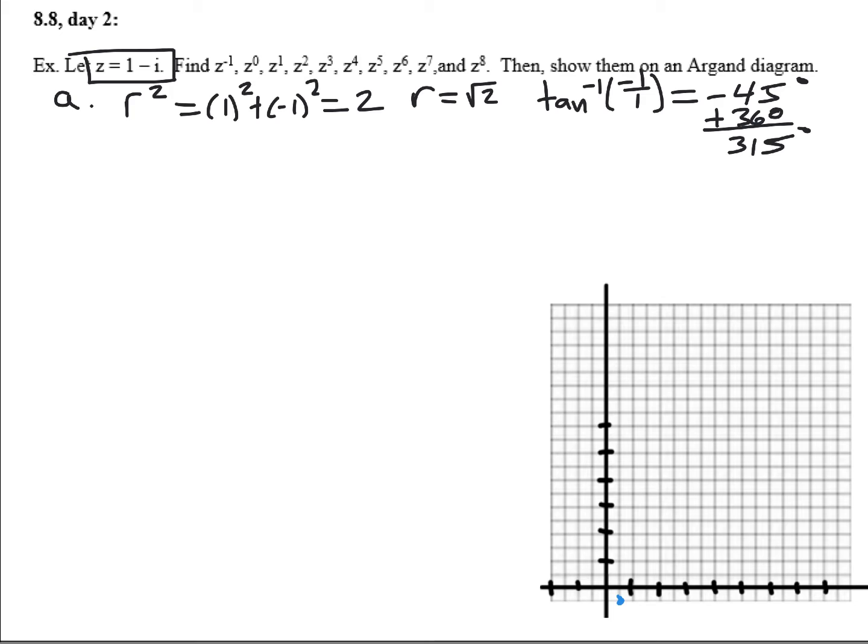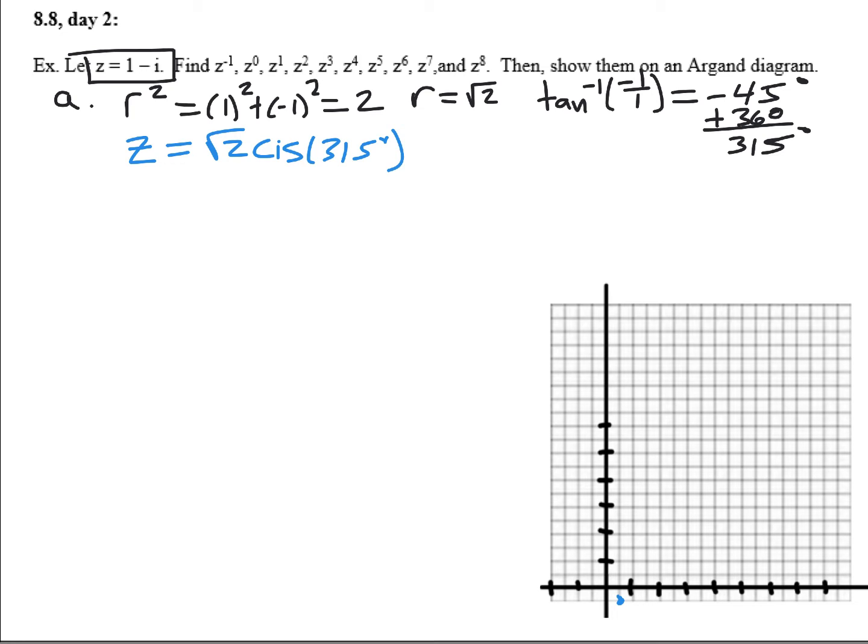Okay? This is actually one of our answers already. Z to the first, right? I essentially have, because I've seen here that z is square root 2 CIS 315.